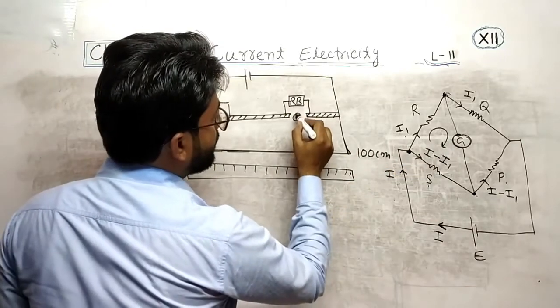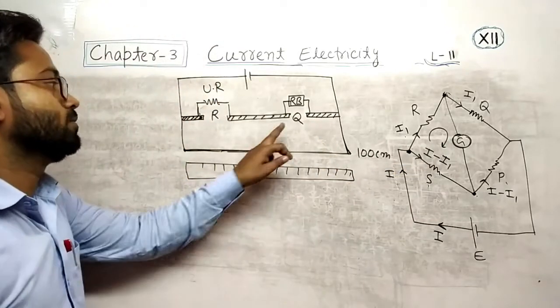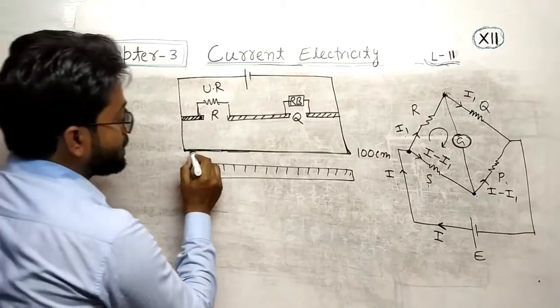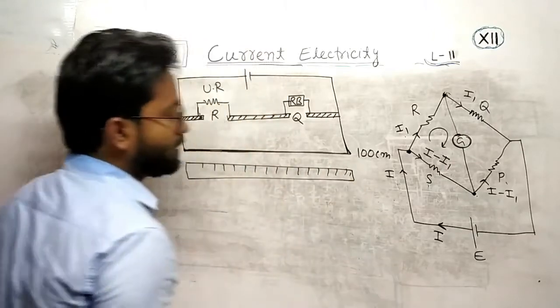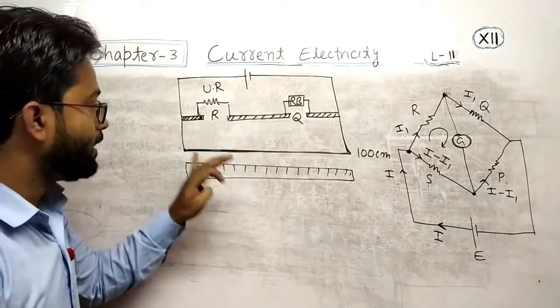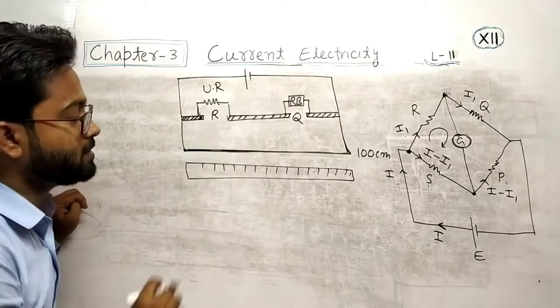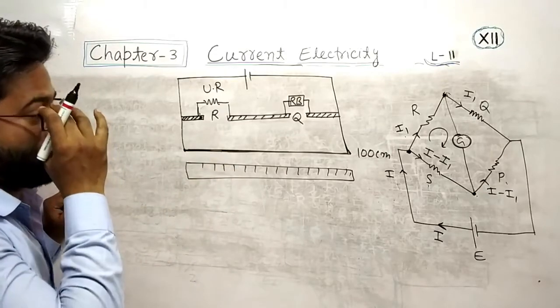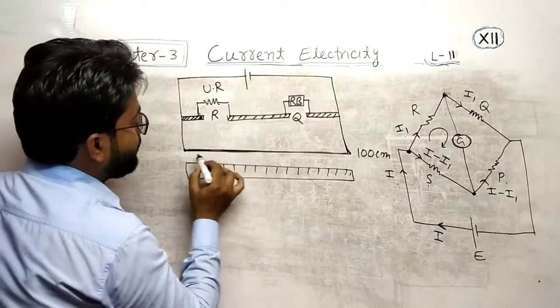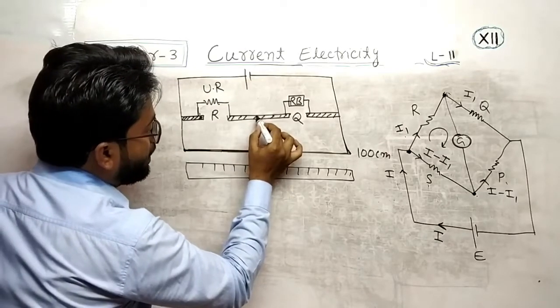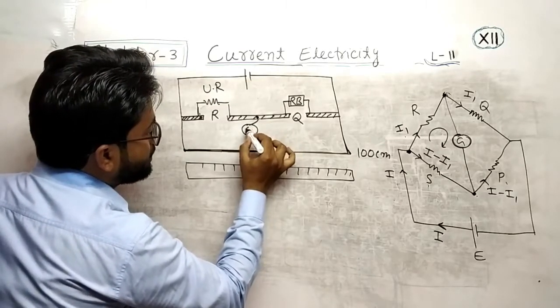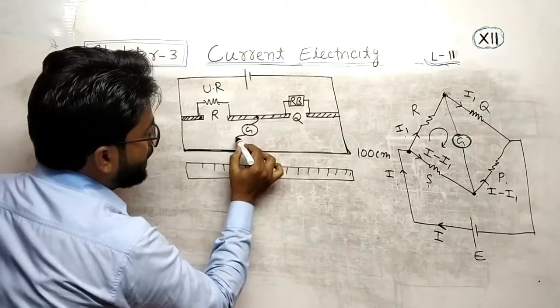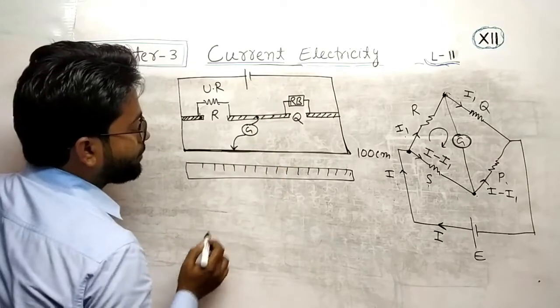You can take a resistance Q, and this is a wire. This is the resistance wire, means this has some resistance, and there will be a galvanometer connected to this point and with a jockey.